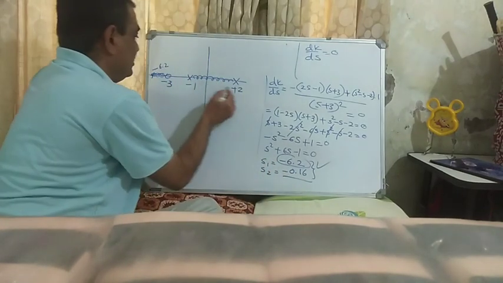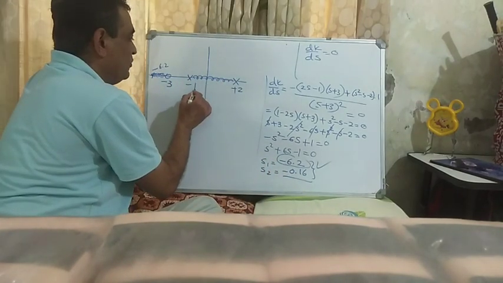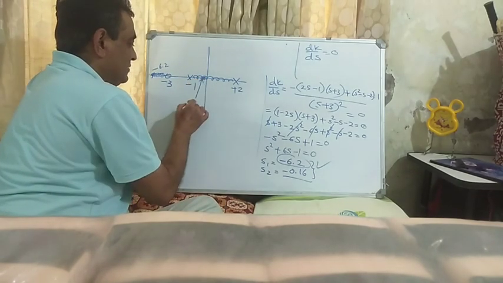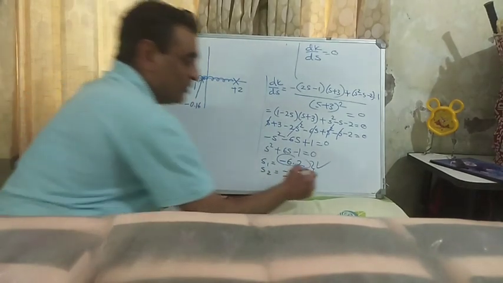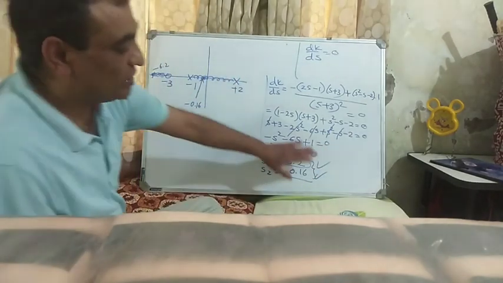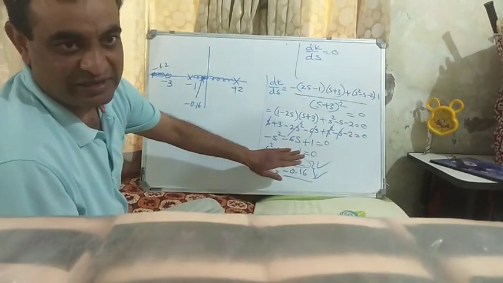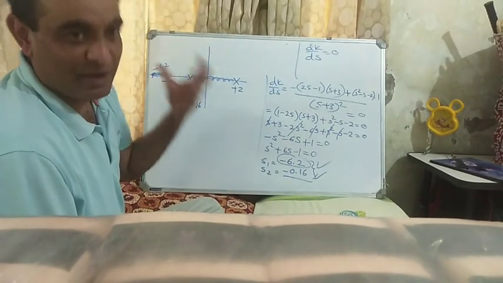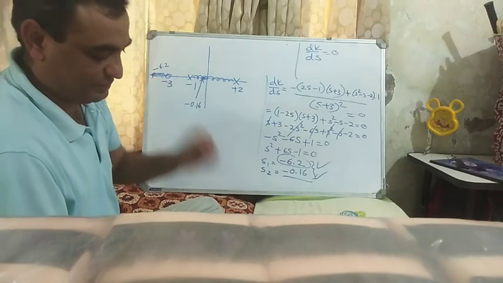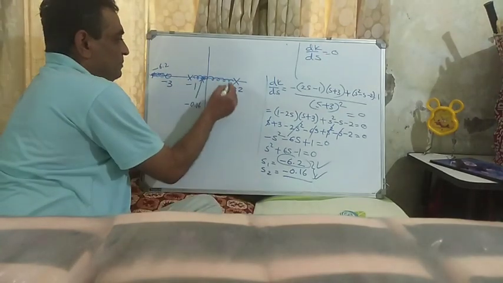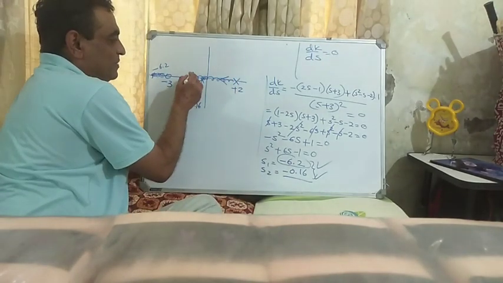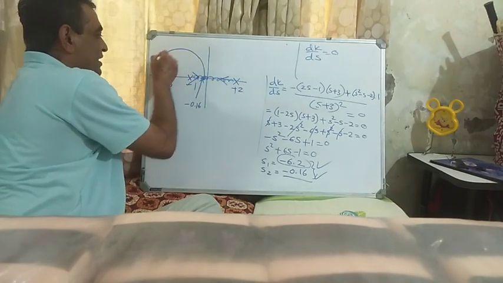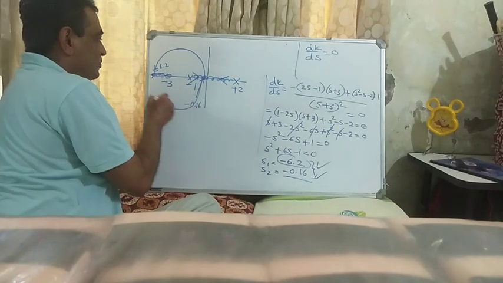Minus 0.16 would be maybe here, this is also a part of the root locus, so both are lying on the root locus segment. It means that there should be two breakaway points. So one would be a breakaway point, another would be a break-in point. So maybe this branch will go towards this, and at the breakaway point they will break, and they can go to the break-in point at minus 6.2 here.